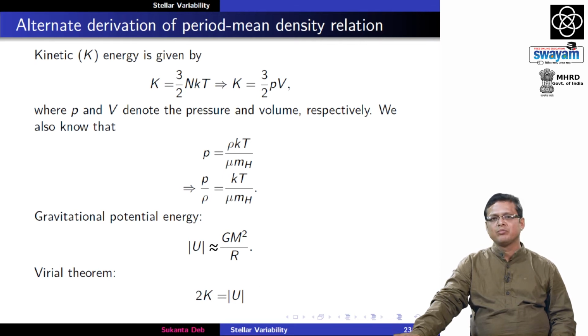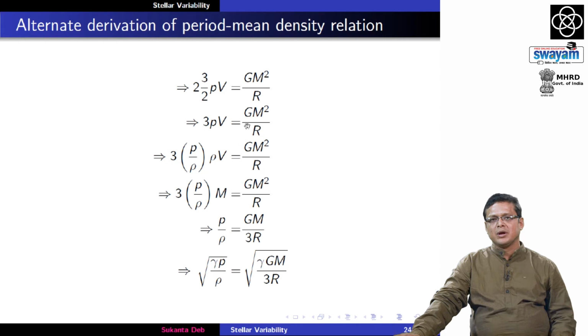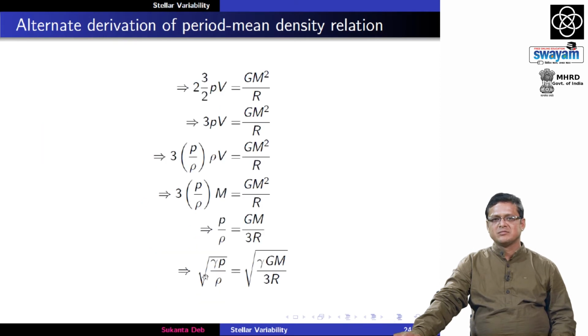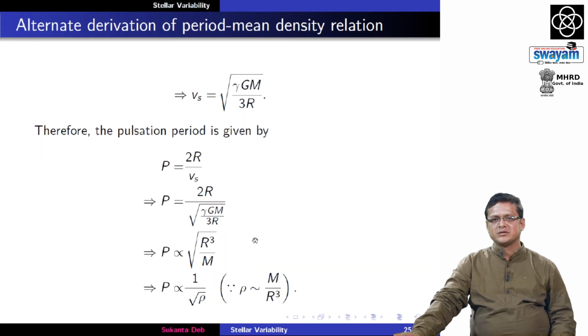Now, we put the values and after that we find that square root of gamma p by rho is equal to square root of gamma G m divided by 3 r, and since this square root of gamma p by rho is nothing but the speed of sound in gas. So, this is equal to square root of gamma G m divided by 3 r.